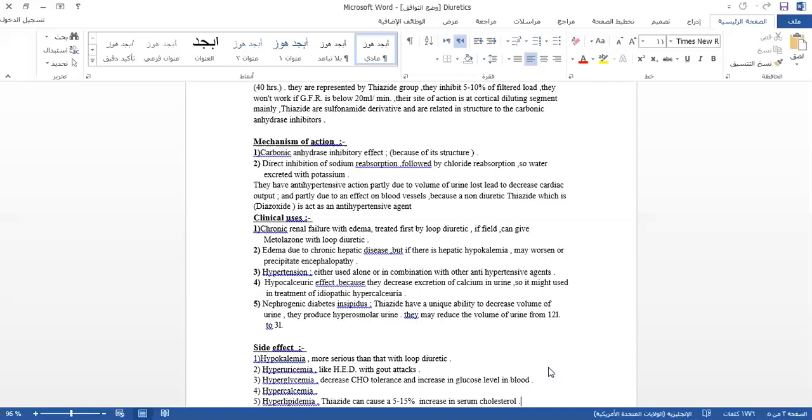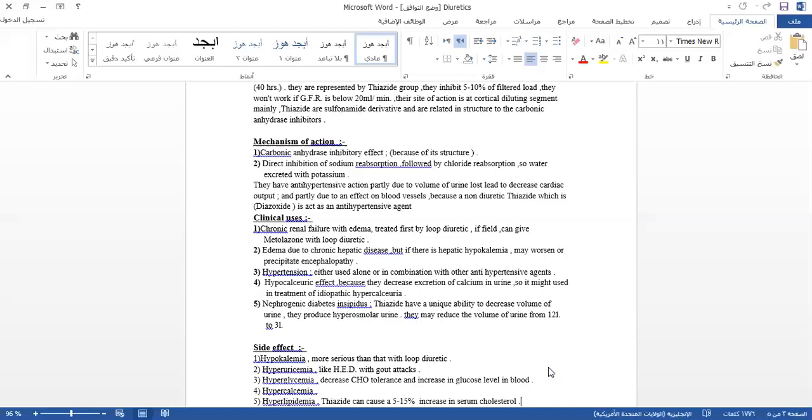It is called nephrogenic diabetes insipidus. Thiazides have a unique ability to decrease the volume of urine and produce hyperosmolar urine. That means they can reduce the volume of urine from 12 liters to only 3 liters. We know they are diuretics, but here their action is to decrease the volume of urine in nephrogenic diabetes insipidus.